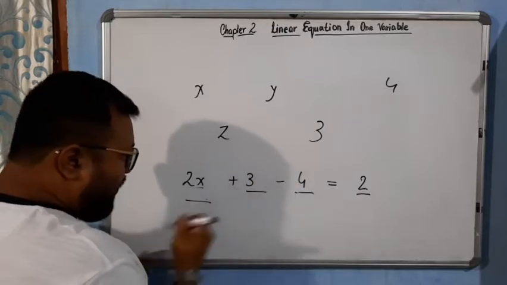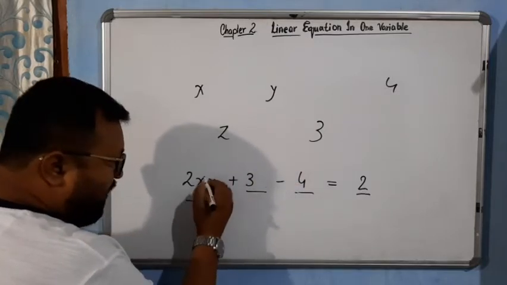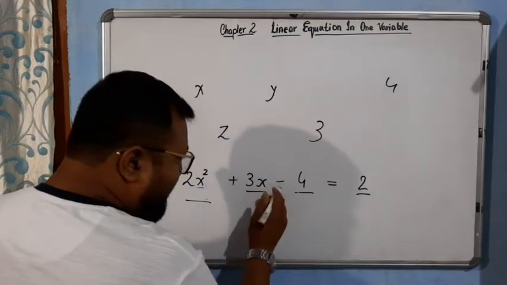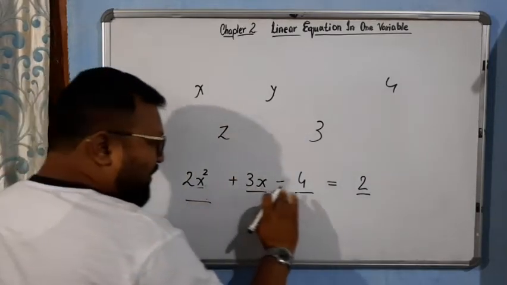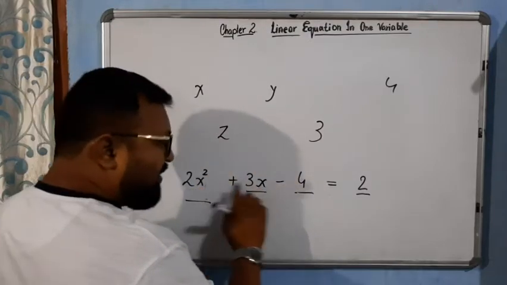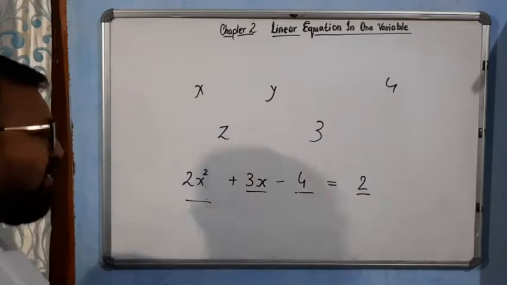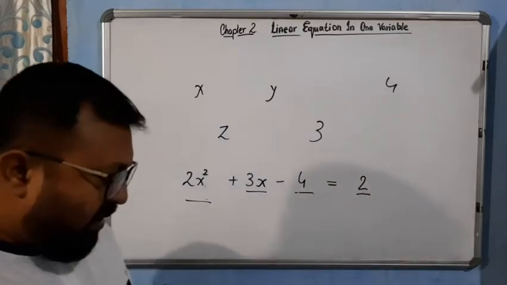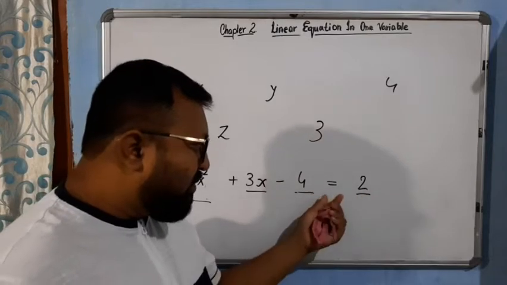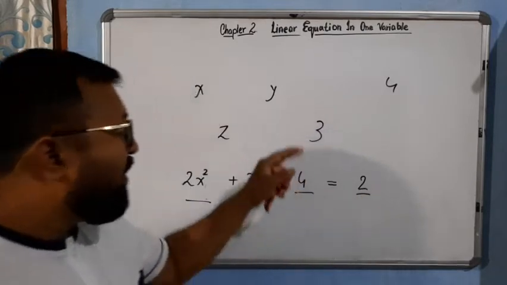One more x means ultimately it will be x square, and here x. Now the entire expression is in one variable. X is here, and the rest is the same. So now this is one variable, and because I have compared these two things by giving an equal sign, now it becomes an equation.